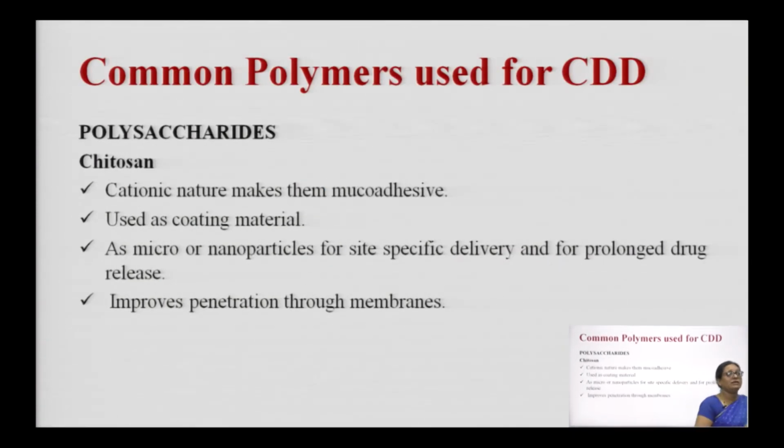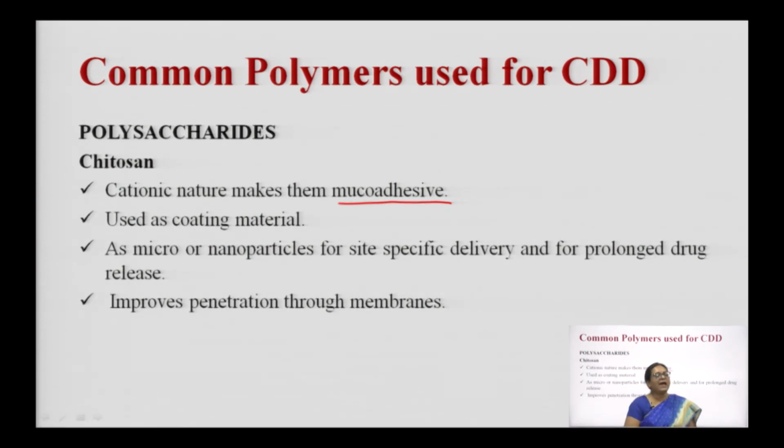Next important polysaccharide is chitosan. Just like carbomer, chitosan has an important property of bioadhesion, right? And this bioadhesion or mucoadhesion makes it versatile for mucoadhesive applications or for making controlled drug delivery applications.